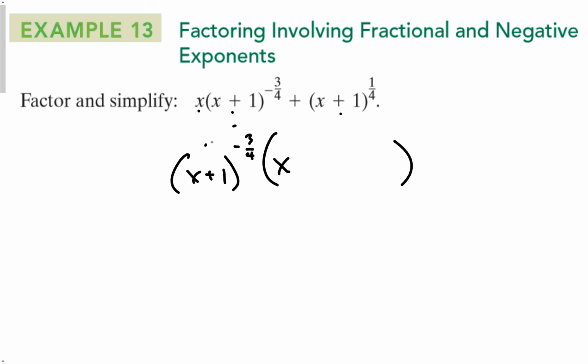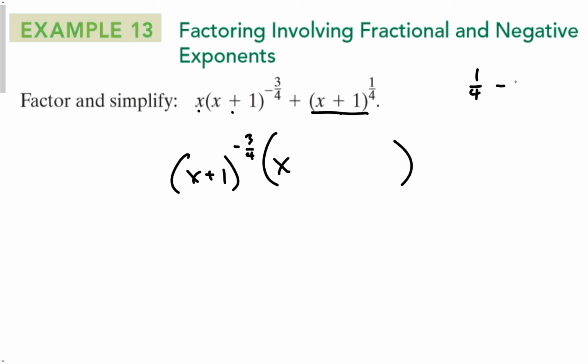Okay. What about the other one? This one. I'm factoring out a negative 3/4 of this factor. Okay. So I'm starting with 1/4. I'm going to factor out a negative 3/4, which means I subtract.